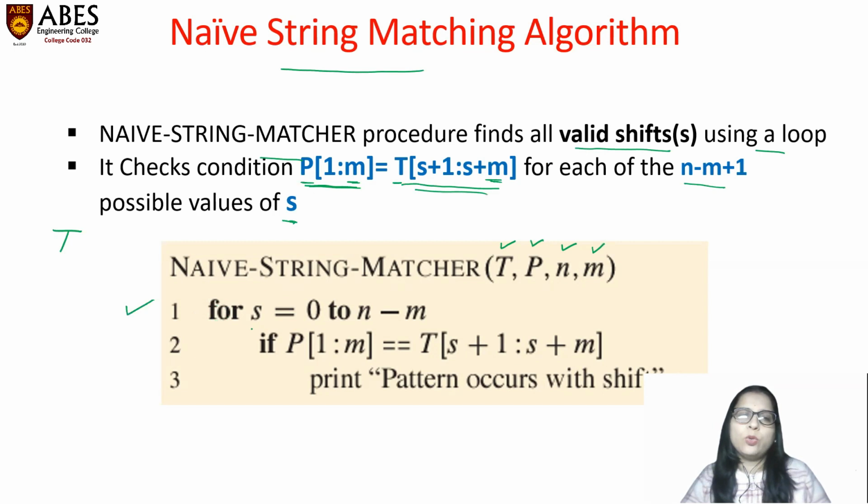So for this loop, we start from the first value, that is 0, and we go up to n minus m. And then at every step, we try to match. So this step goes around n minus m plus 1 times. And this step, in worst case, goes m times. Right? So this is the basic algorithm of naive string matcher.